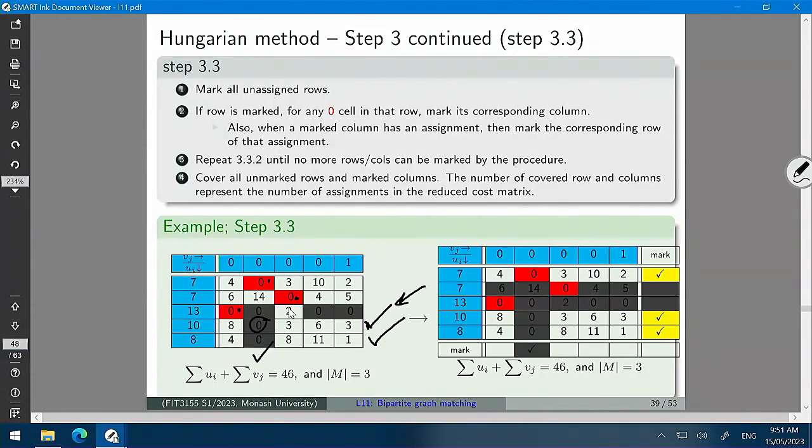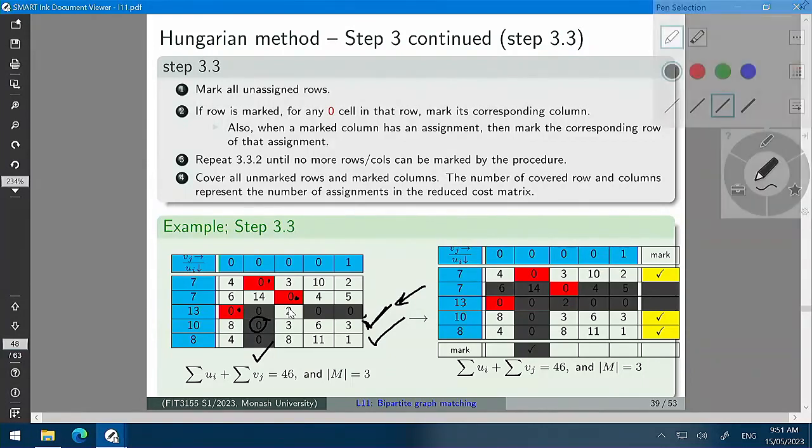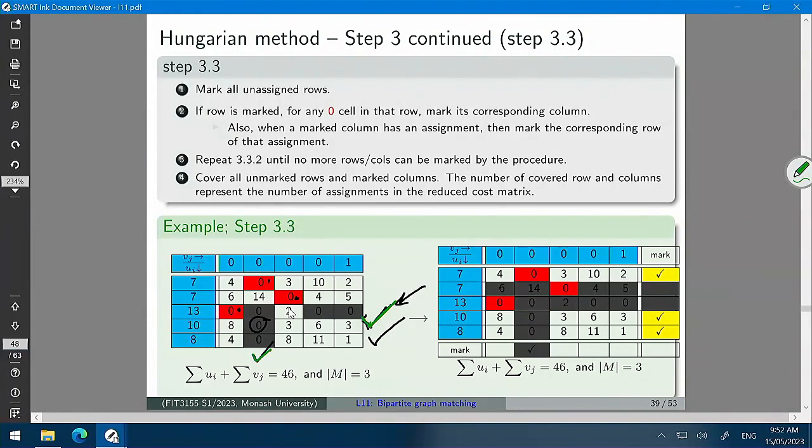There's only one 0 associated with this row. I'll change the row color to green maybe. So for that row, wherever you see a 0 in that row, pick that column. And then if you see an assignment in that column, pick its corresponding row.